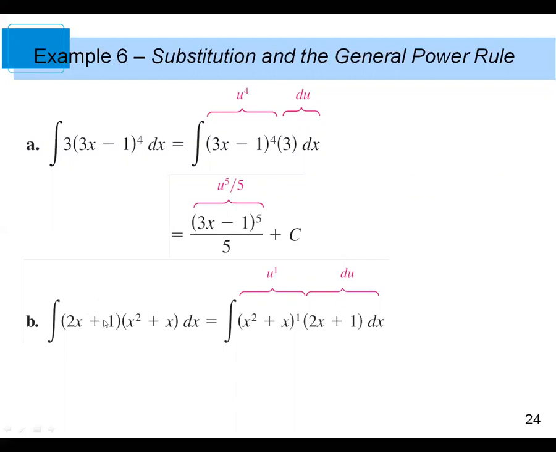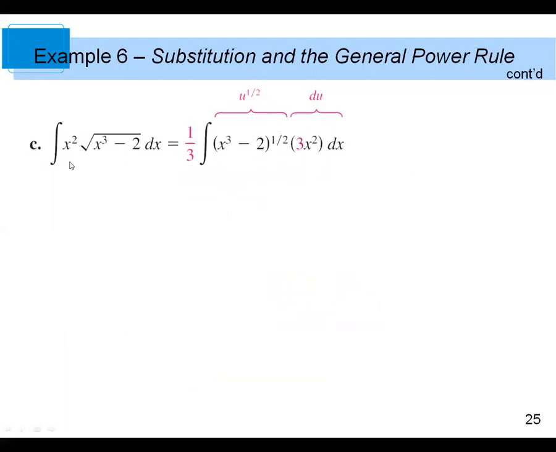But if you think of this as a quantity to the first power times the derivative of that quantity, then you can apply the general power rule and just get 1/2 u squared, or x squared plus x quantity squared over 2 plus c.